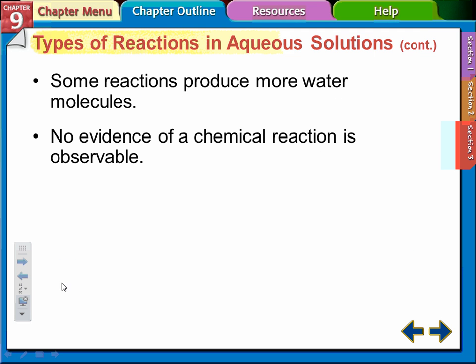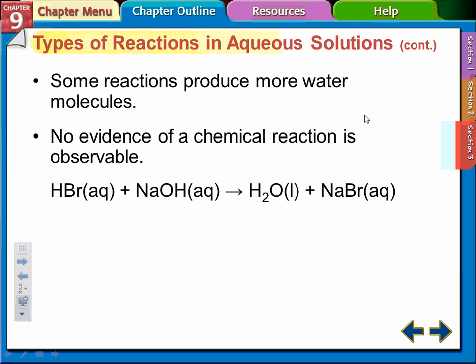Some reactions, of course, produce more water molecules. When that happens, there's no evidence that a reaction has taken place. You have to very carefully measure the amount of water before and afterwards to figure out if there was a reaction. They have an example here of hydrogen bromide plus sodium hydroxide. These are in solution, right? It's H plus, Br minus, Na plus, OH minus in solution.